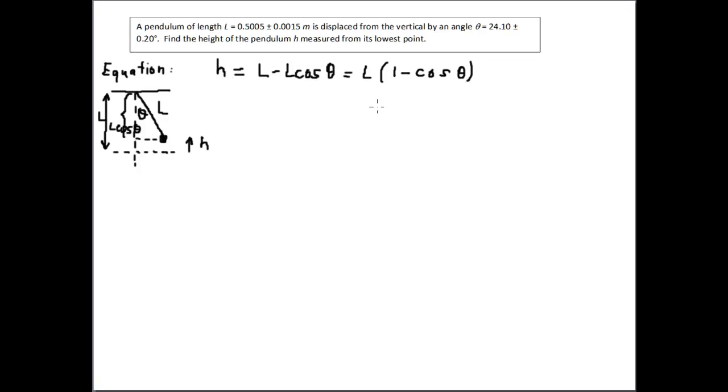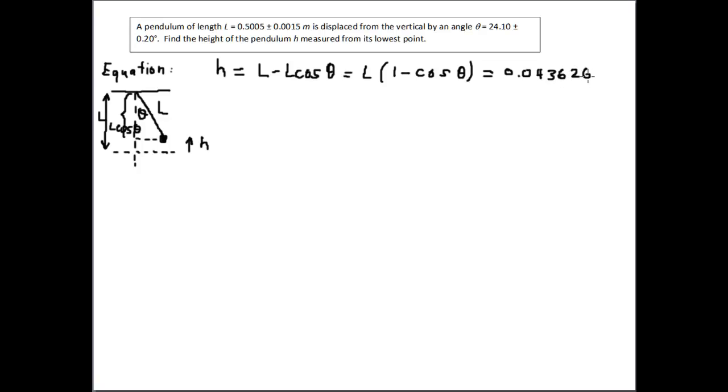So now what we want to do is use the propagation of error equation in order to find the error in h. It's easy enough to plug in the values for L and theta, and I might as well go ahead and do that here. So if I plug in the L value and then the theta value, this gives 0.043626.